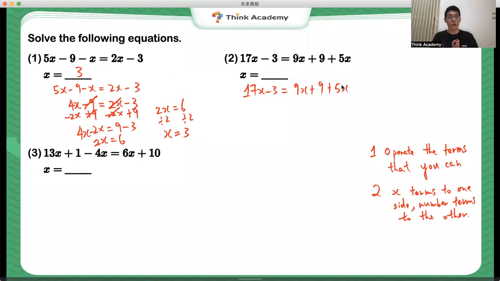We know that we can operate the x terms whenever we can. So I can just add the 9x and the 5x together first, which is going to make 14x, because 9 adding 5 is 14. So 9x adding 5x is just 14x. And we keep the adding 9 as it is.